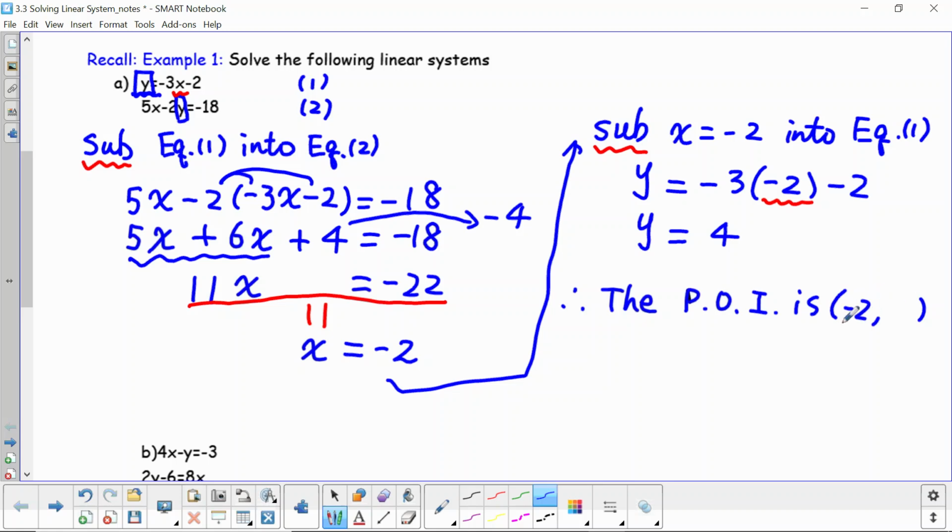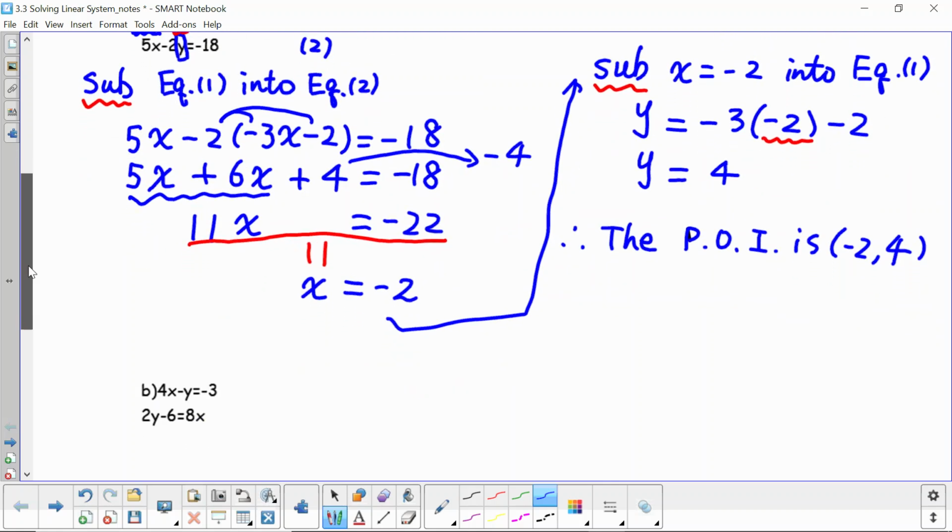This is the x coordinate and y coordinate of the point of intersection. This is what we have done before. So the two lines have their point of intersection at negative 2, 4.